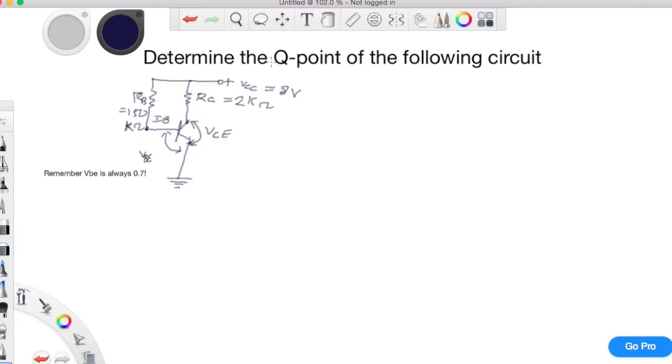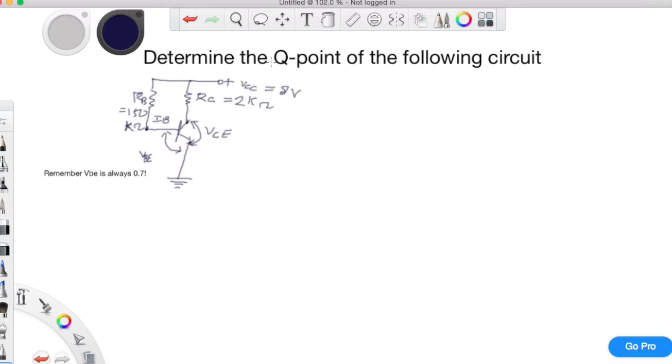Okay, so here's a question. Determine the Q point of the following circuit. So this is the circuit, and in other lectures I'll be telling you how to design it, because you'll definitely be doing the analysis as well as the design of the circuit. So you need not worry about how to find a Q point or how to design the circuit right now.